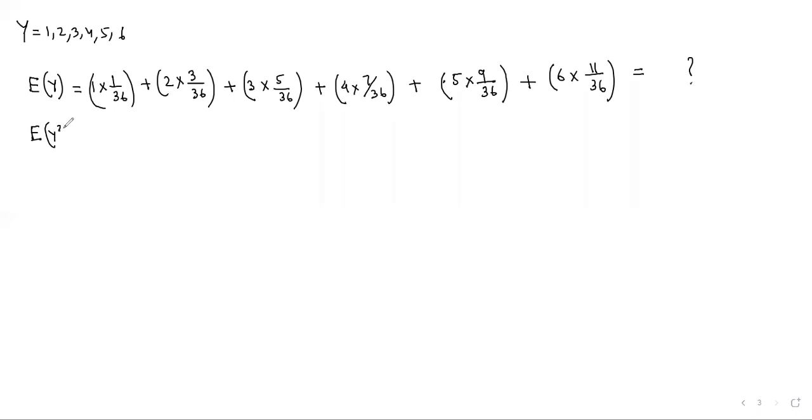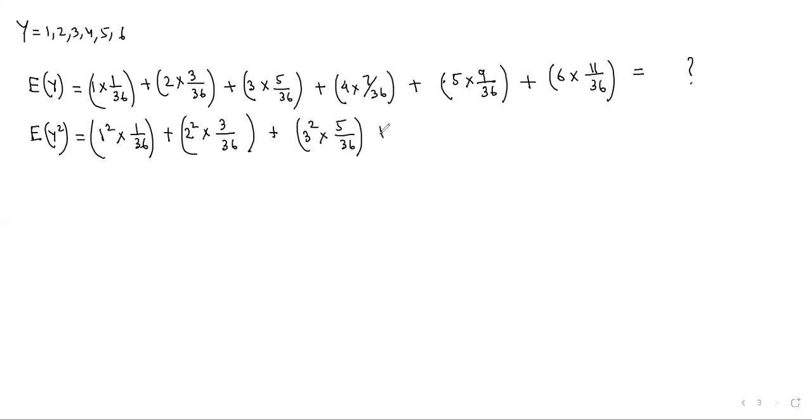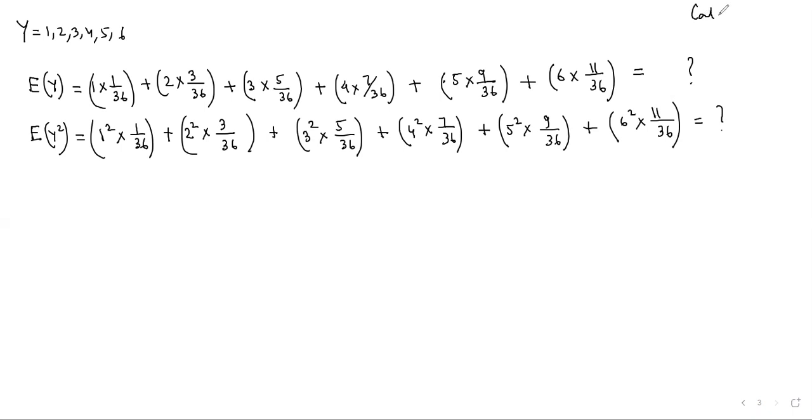When we want to calculate the expectation of y square, the same probability chart will be taken into consideration. The only difference is that the values will be squared in the following manner. Okay, calculate this whenever you find time.